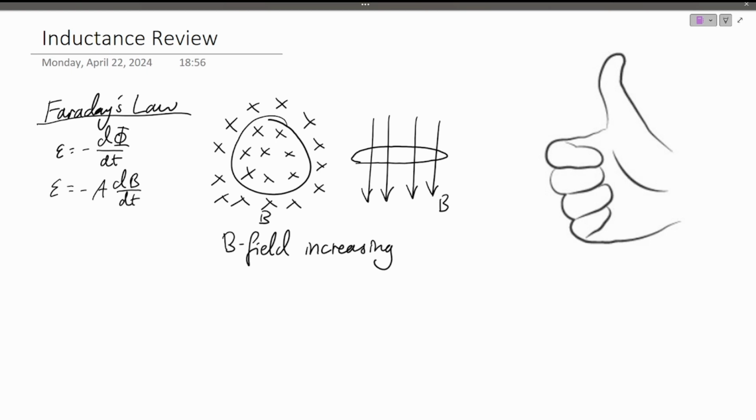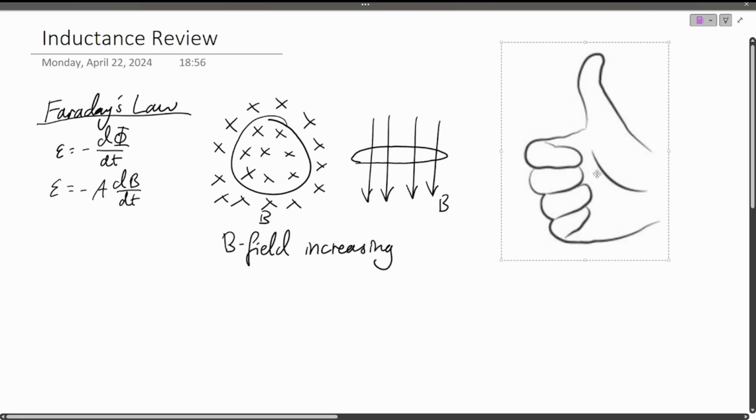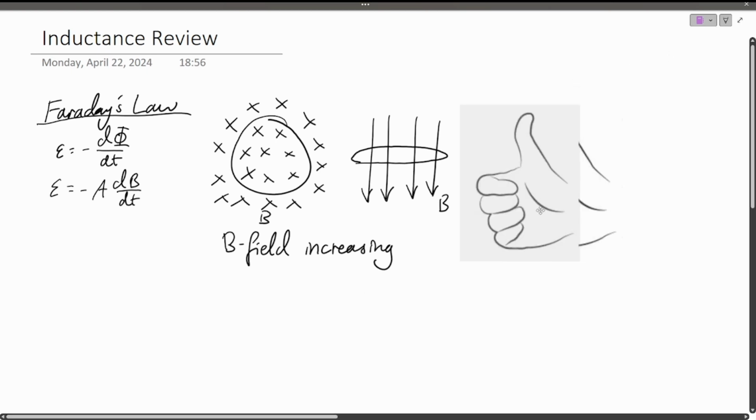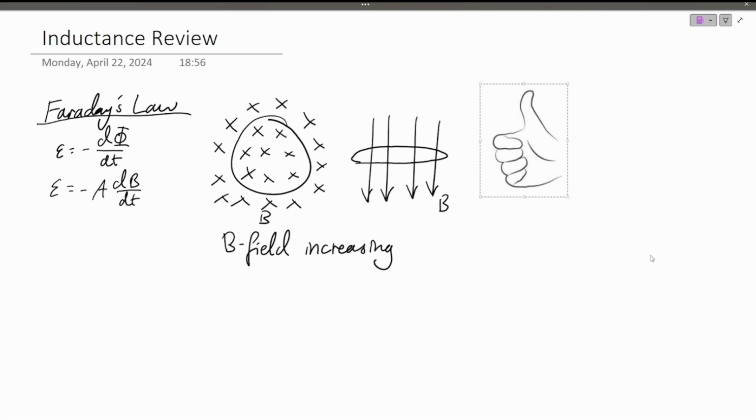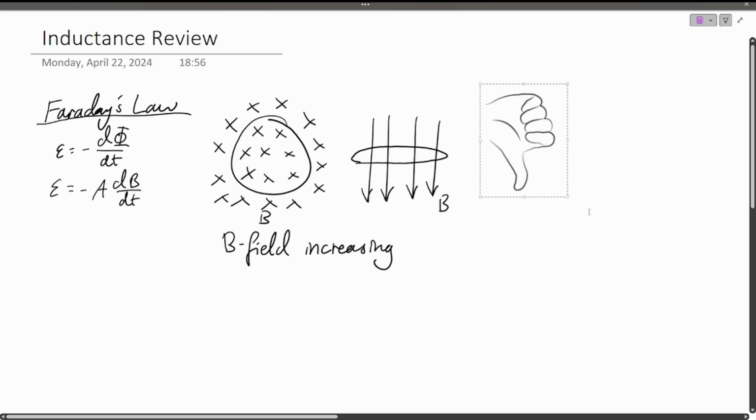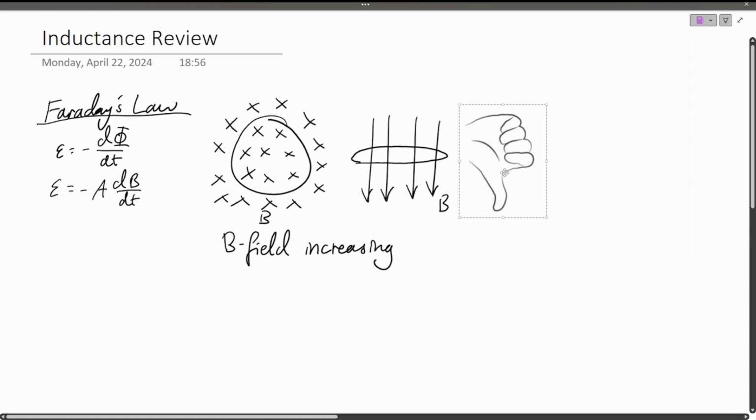In that case, if we use our right hand here, d phi dt, change in flux over time, is pointing downwards.